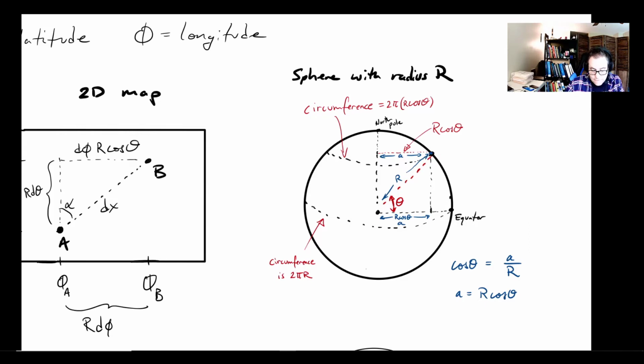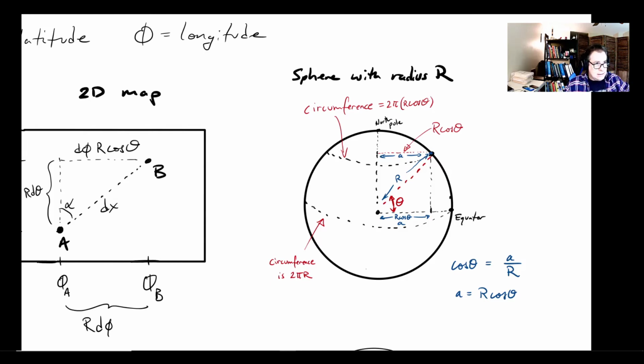And once I have that relationship between the latitude and that distance A and the radius of the sphere, I can solve for A. So that distance there, A, is r cos theta. In other words, the radius of these circles of latitude gets smaller as you go further north and south from the equator based on this factor of the cosine of the latitude. So it scales with the cosine of the latitude. Cosine is always less than or equal to 1.